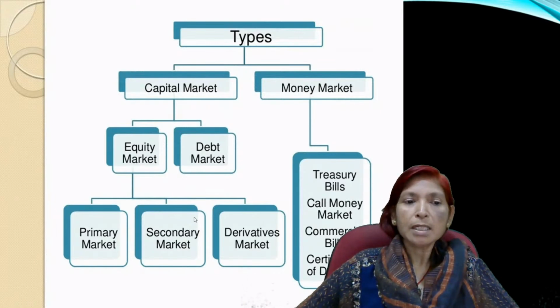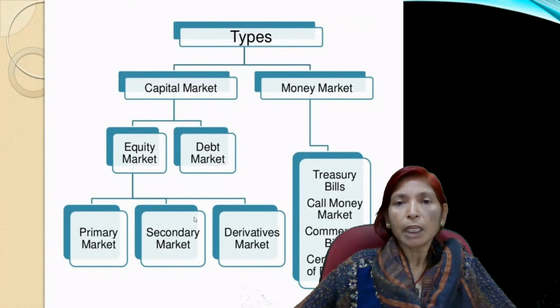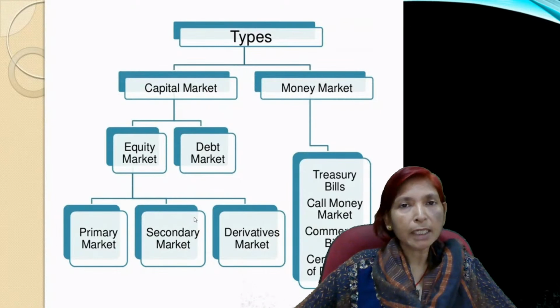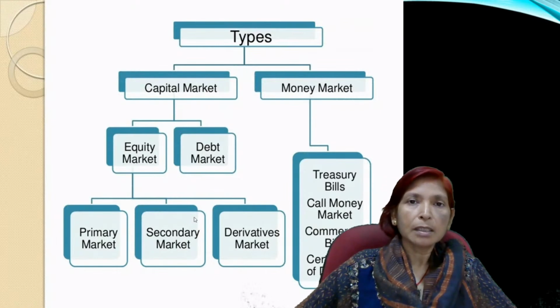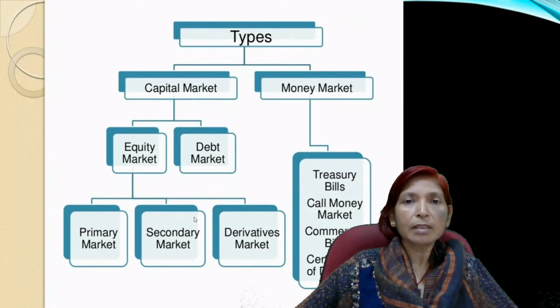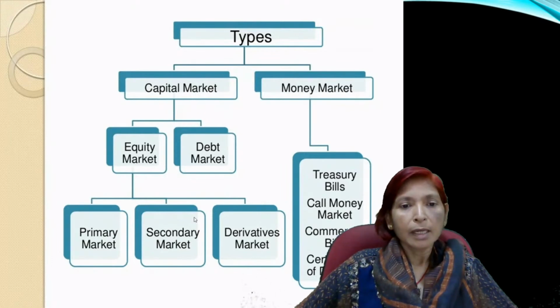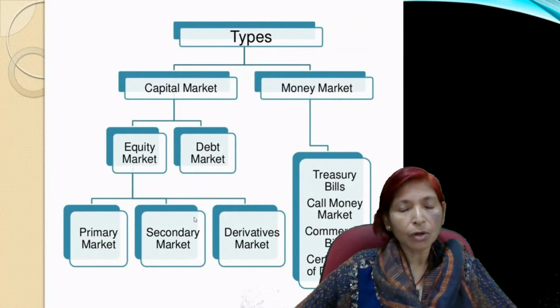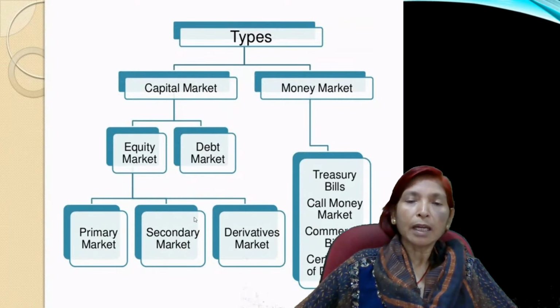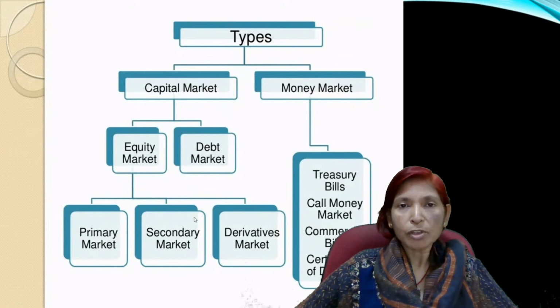Under the capital market, we include the equity market and the debt market. The equity market mainly deals with securities like shares and bonds, and the debt market is related to debentures or borrowings or loans. And then again, the equity market can be classified into three types of market.